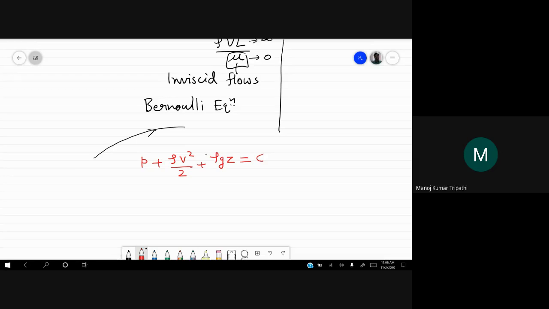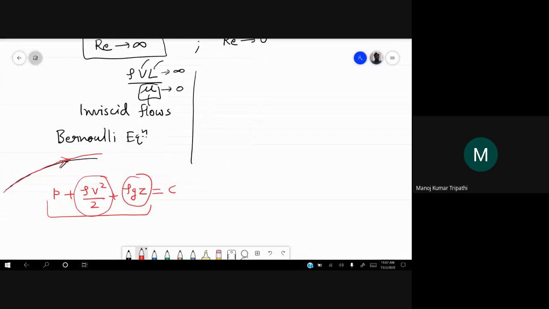So if we know that there is a streamline, we can say that pressure plus the second term, which is also known as dynamic pressure, and the third term, a sum of all these is constant along this streamline. This is what we saw for inviscid flows.